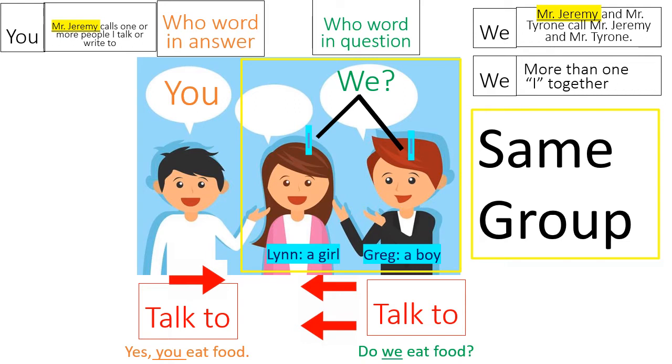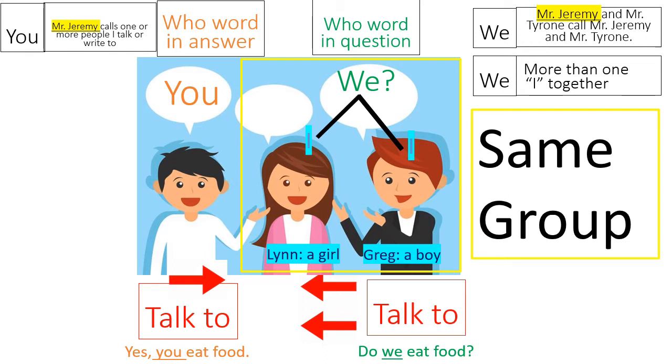So for example, Lynn, this girl, calls Lynn I. Greg, a boy, calls Greg I. When Lynn and Greg are together, Lynn and Greg call Lynn and Greg we. It's I and I together.